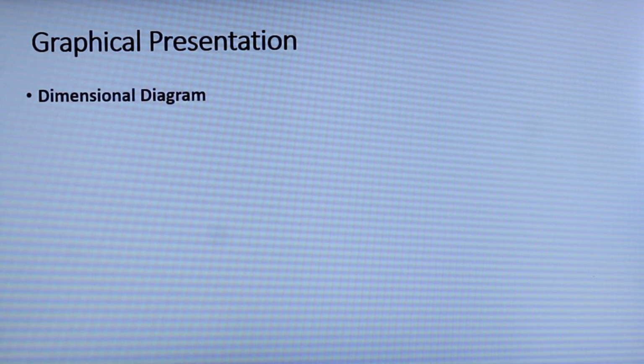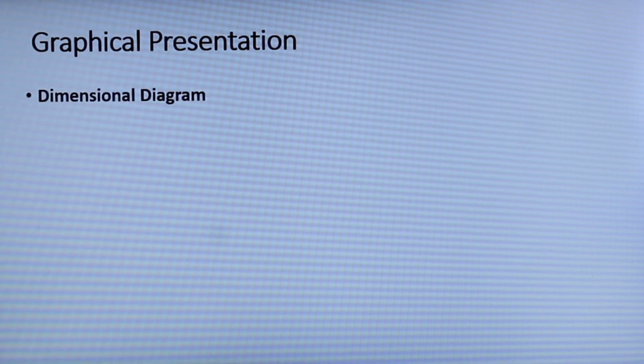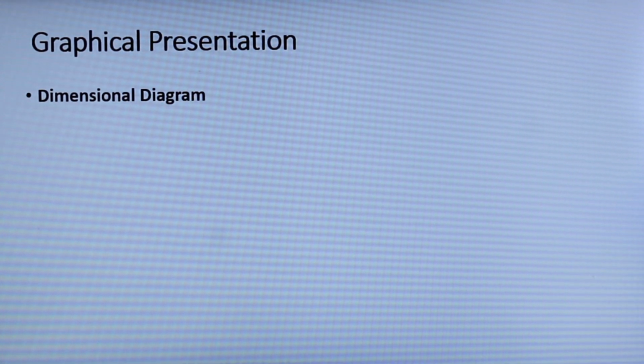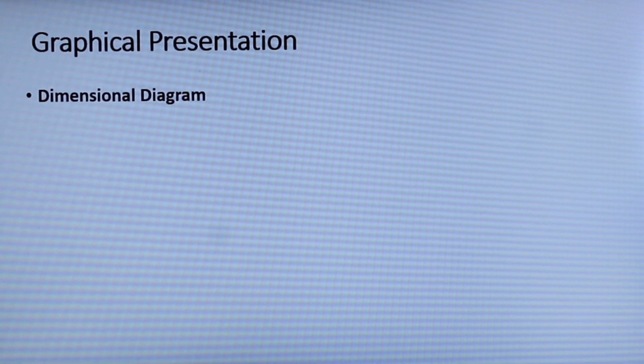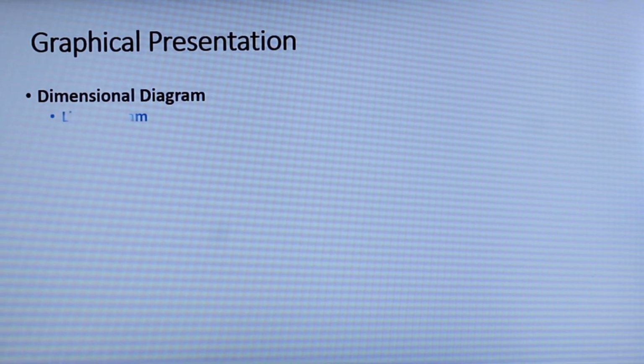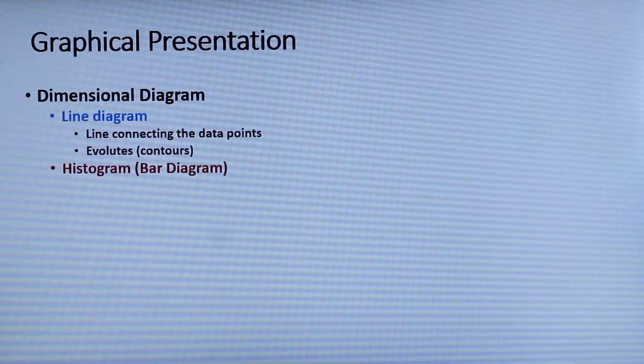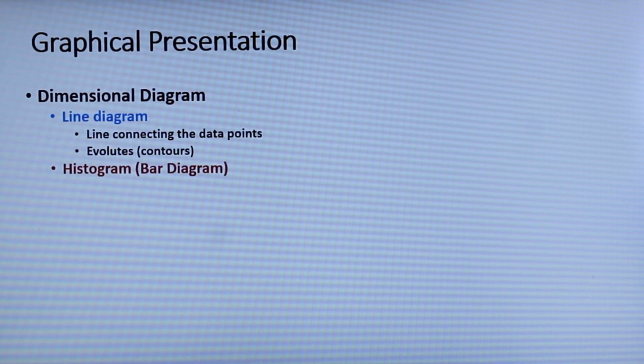Now let us move on to graphical presentation. This is very important because graphical presentation provides a very good insight immediately, because you have a visual impact. So there are dimensional diagrams, typically a line diagram or a contour diagram, histograms, that is bar diagrams or bar charts.